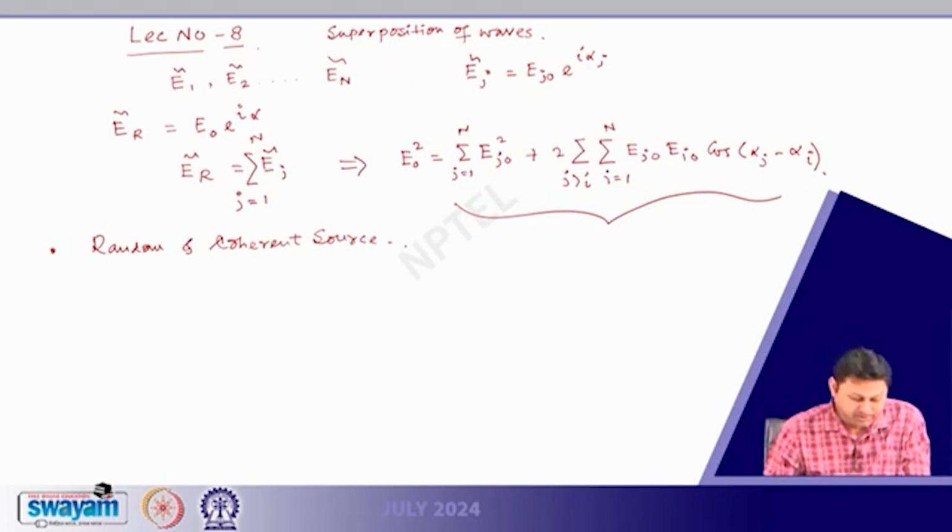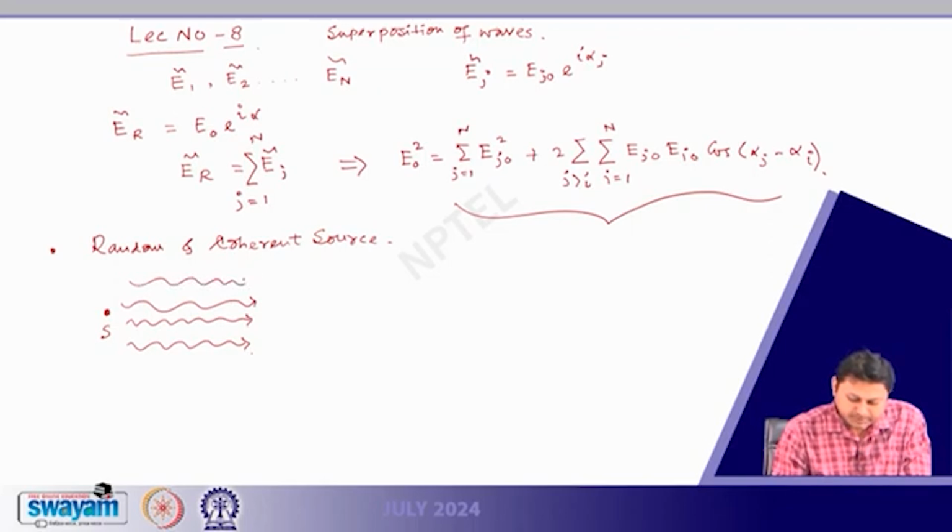Physically, what is the meaning of random and coherent source? In a random source, the wave is coming out from a source, suppose this is the source S. In all cases we have individual sources.